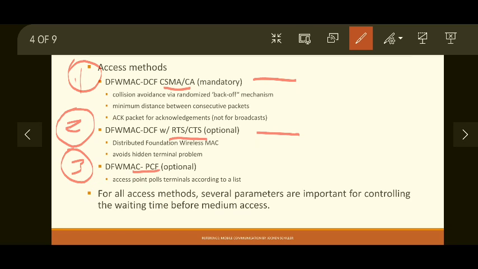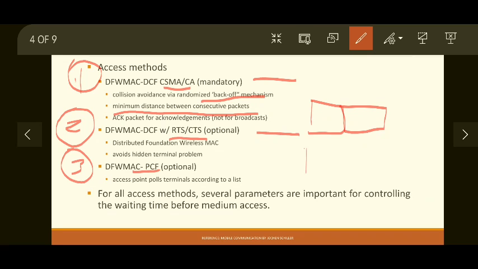As we can recall, CSMA/CA uses a back-off mechanism. We will see how that back-off mechanism works in CSMA/CA in terms of wireless LAN. That is taken from CSMA/CA, the collision avoidance technique. It provides a minimum distance between consecutive packets. This backoff ensures that two packets are not sent consecutively.